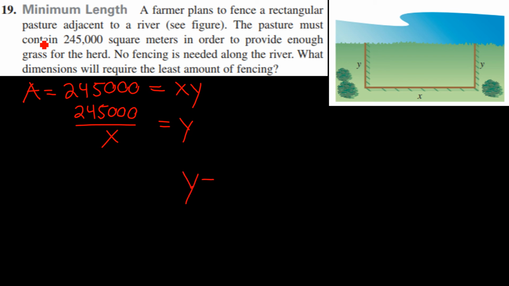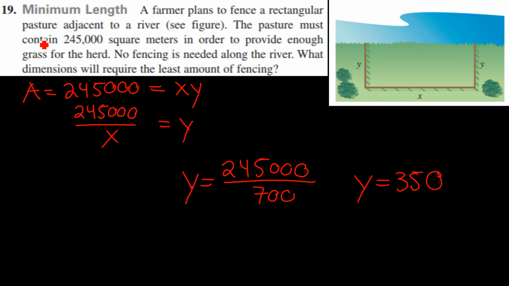So 245,000 divided by 700 gives me that y would equal 350 meters. So the dimensions: my x value is going to be 700 meters. My y value is 350 meters.